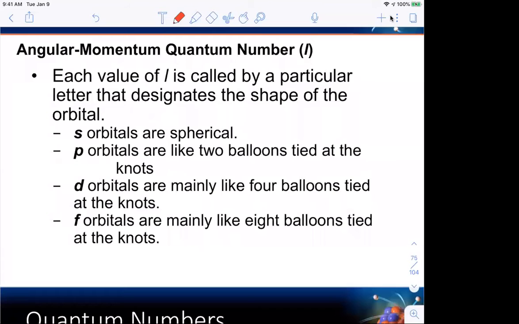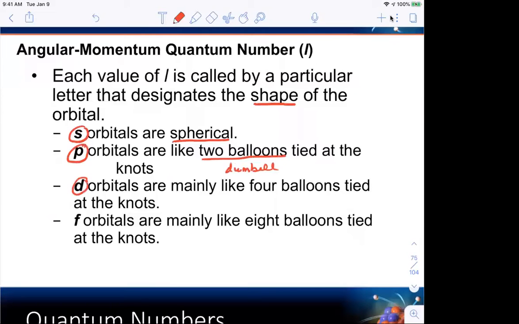So each value of L is called by a particular letter, which designates the shape. So remember, S is going to be spherical, P is going to look like a dumbbell. If I think about a dumbbell, think about 2 balloons tied together at the knots.